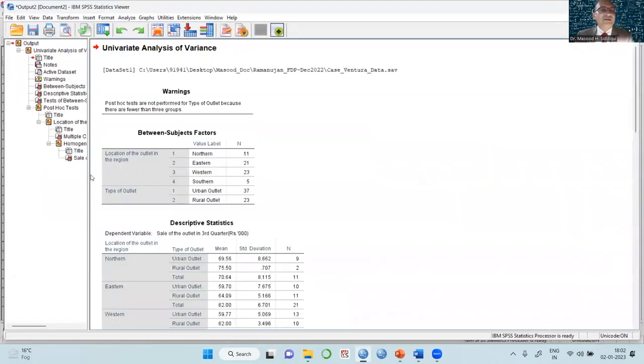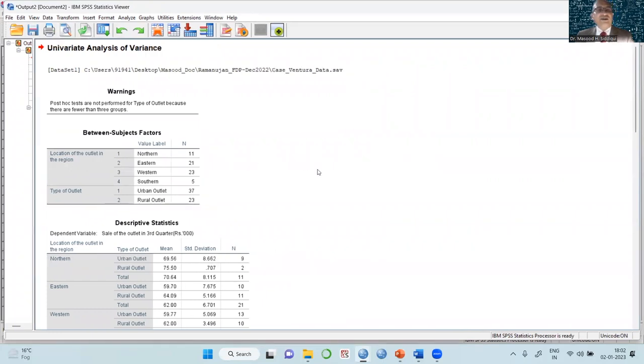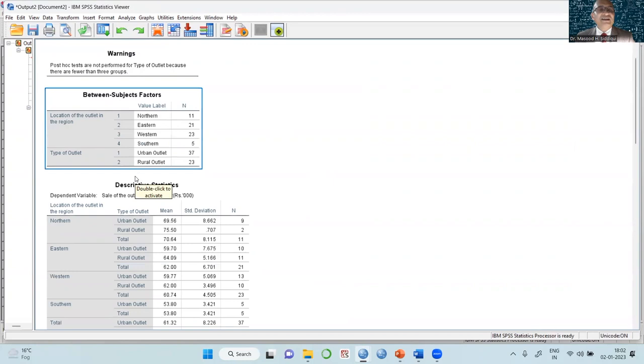So this is the output that we are going to discuss here. As I have mentioned, the post hoc test has not been performed for the type of outlet because there are fewer than three groups. There are only two groups, so it is not required. Even if you haven't included that, there won't be any issue, as we have discussed earlier also.